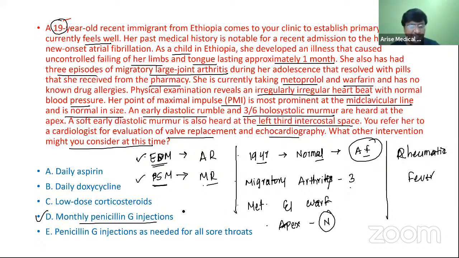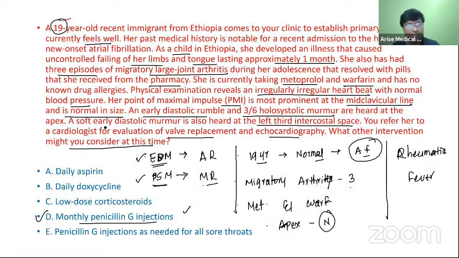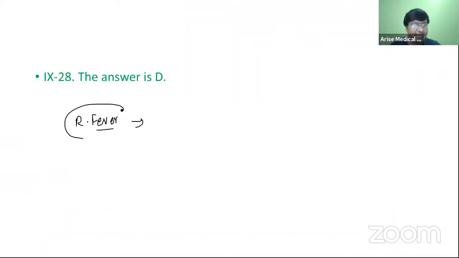Now, let me tell you about this monthly penicillin G injection. If you take this rheumatic fever, why should you give monthly penicillin G injections? Let me explain. Remember, this rheumatic fever is a recurrent disorder.